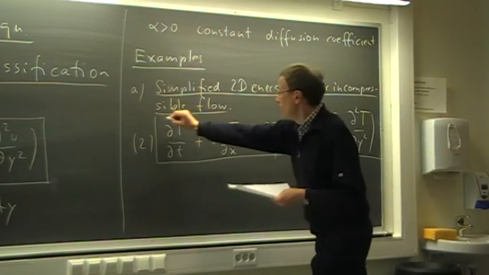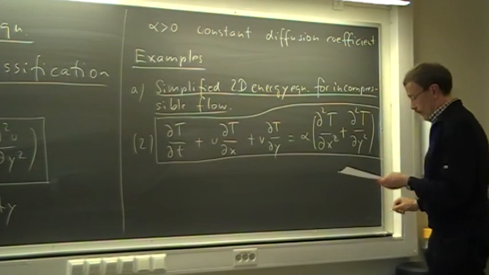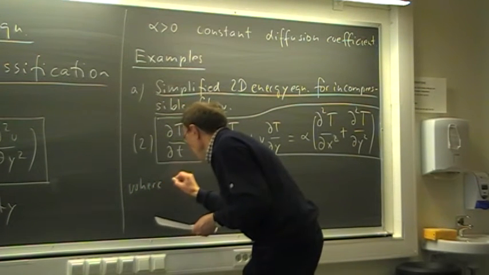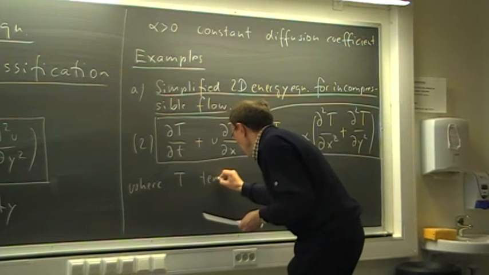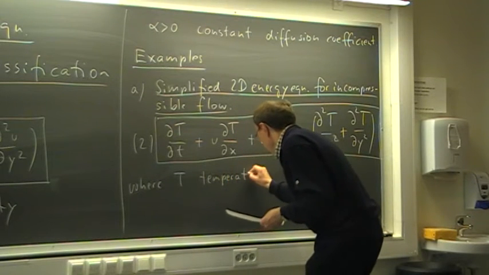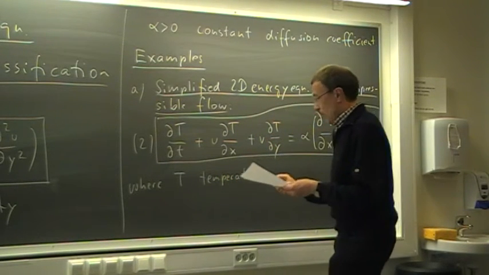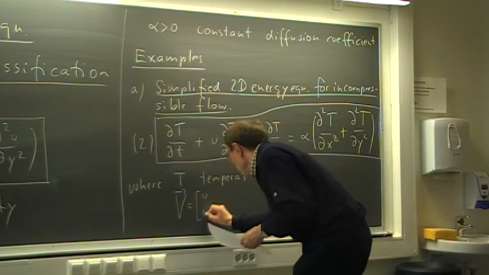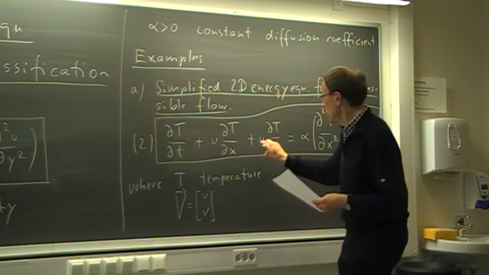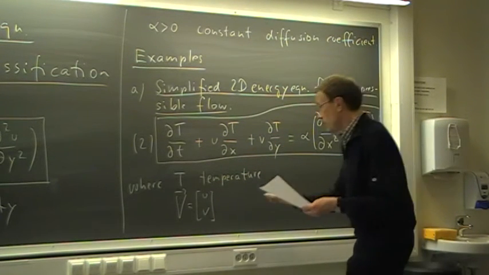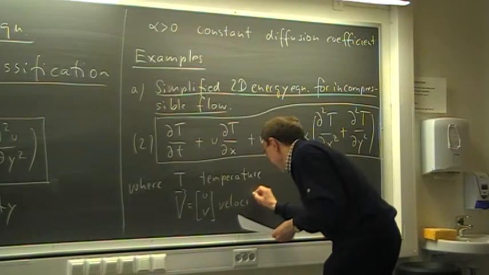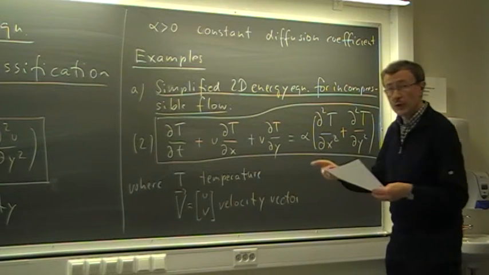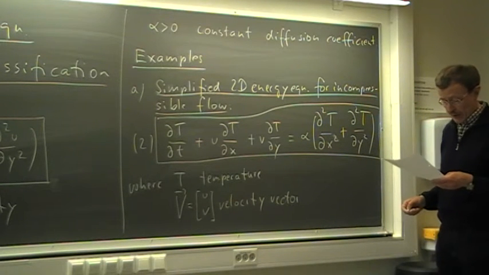So, and in here we have T temperature, V, that is with the components u and v appearing here, that is the given velocity vector, and u and v are the components in x and y direction.